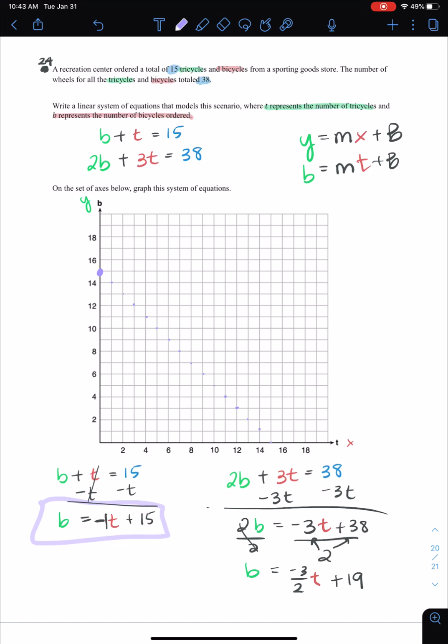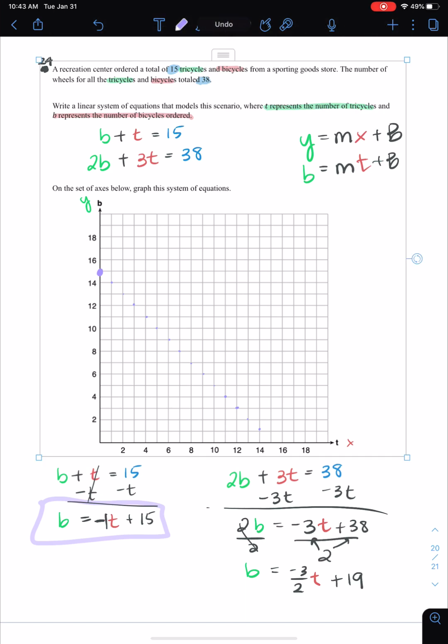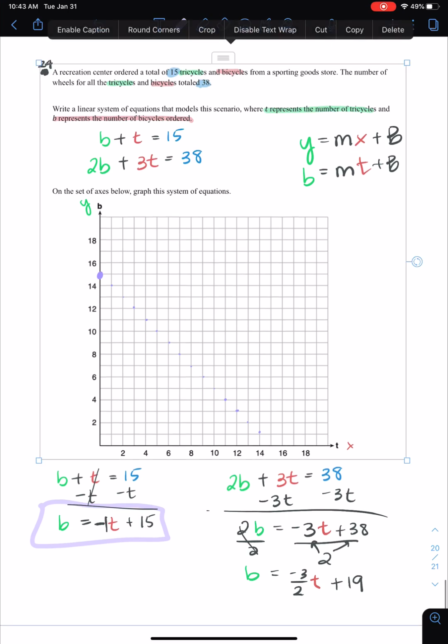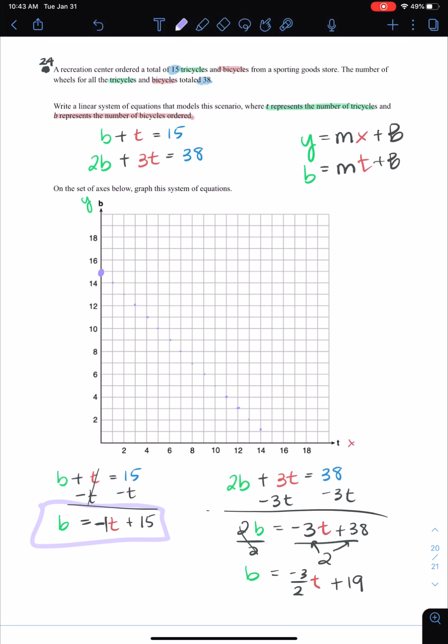Hang on, I'm just getting a ruler or a straight edge. That's not gonna work, I'm gonna have to sketch it. All right, and here's my equation. B is equal to -t plus 15.